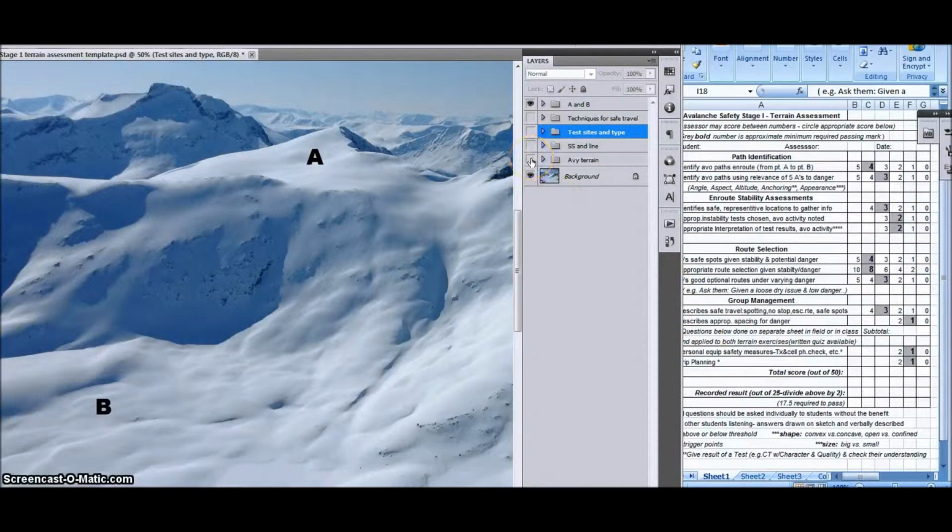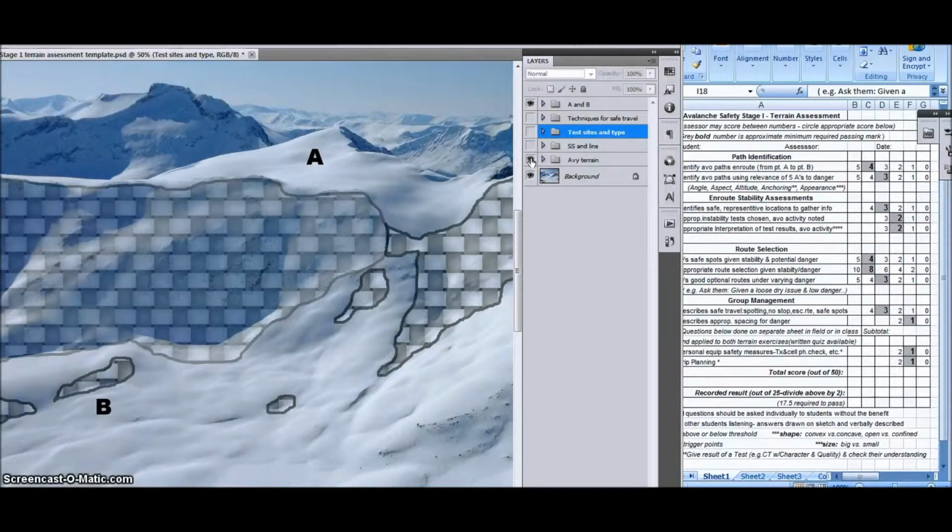If they were asked to mark all avalanche terrain with cross-hatching, we'll just paint some in here to mimic what a student might do, putting in a line from A to B that minimizes the avalanche risk, along with two areas that would be good safe spots to gather and group your teams.